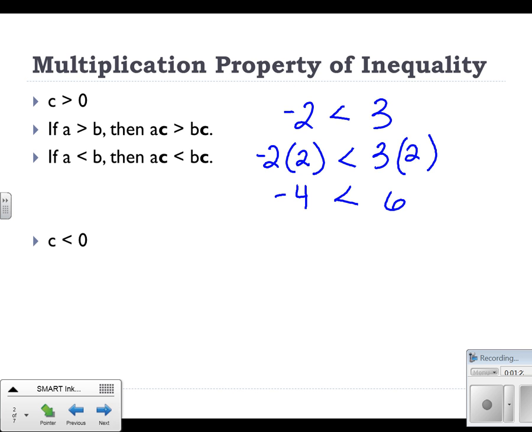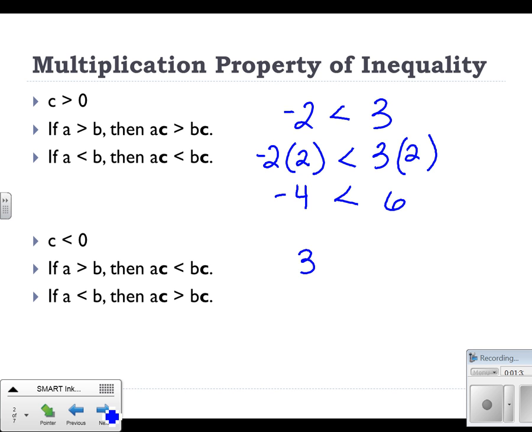Now, when C is less than 0, you're going to see something happen here. So let's say I have 3 is greater than 1. And I multiply both sides of this inequality, let's say, by -2. And then I would do 1 times -2. And then I would have -6 and -2.